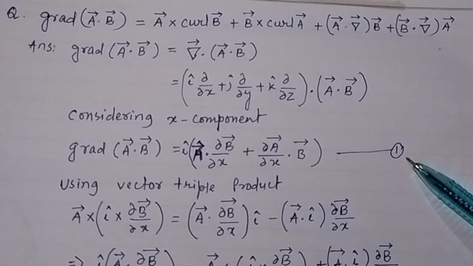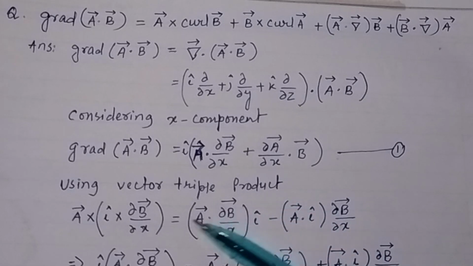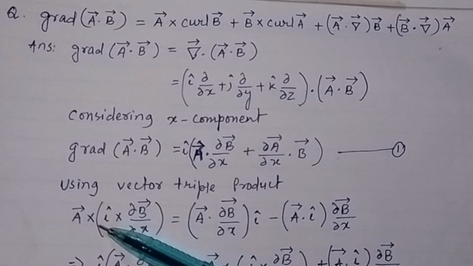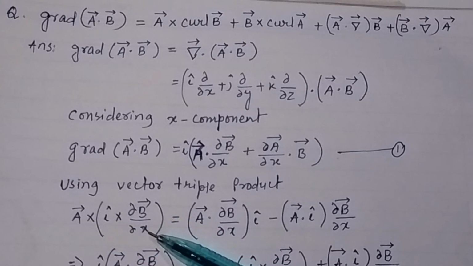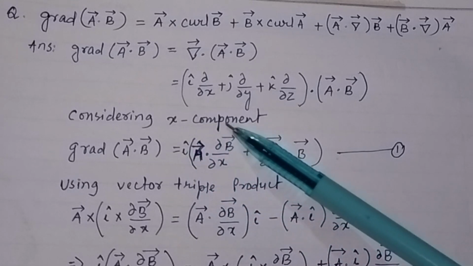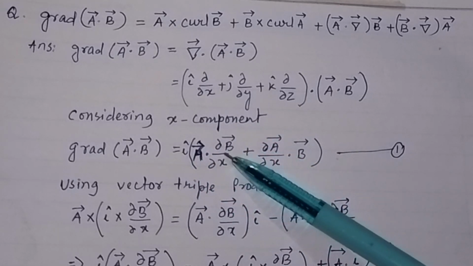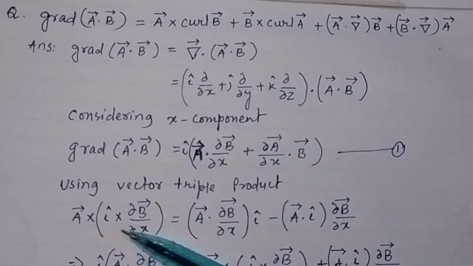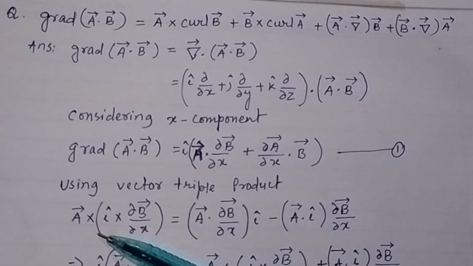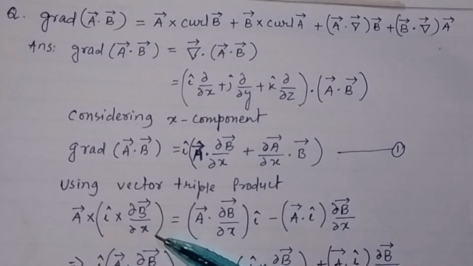Suppose this is equation number 1, and using the vector triple product, you may write A cross (i cap cross partial derivative of B with respect to x), because to find this vector, that is i cap A dot partial derivative of B with respect to x, you use this vector triple product, that is A cross (i cap cross partial derivative of B with respect to x).